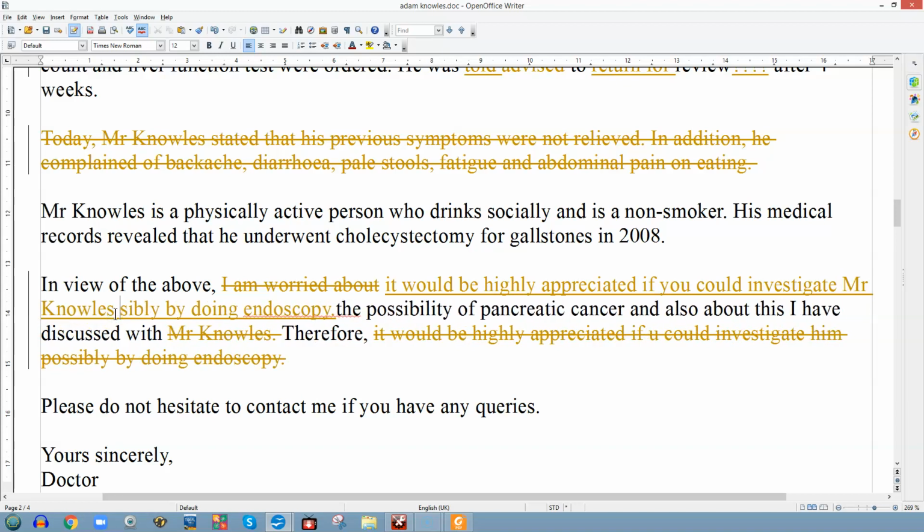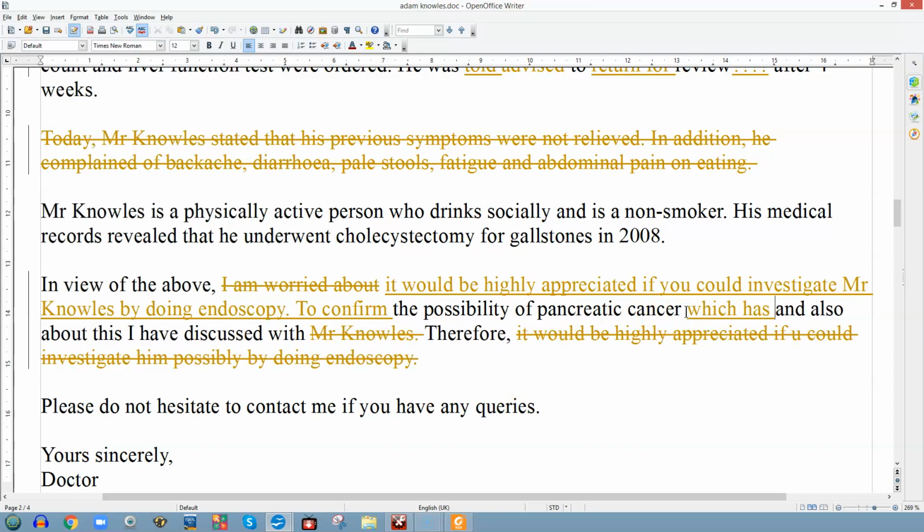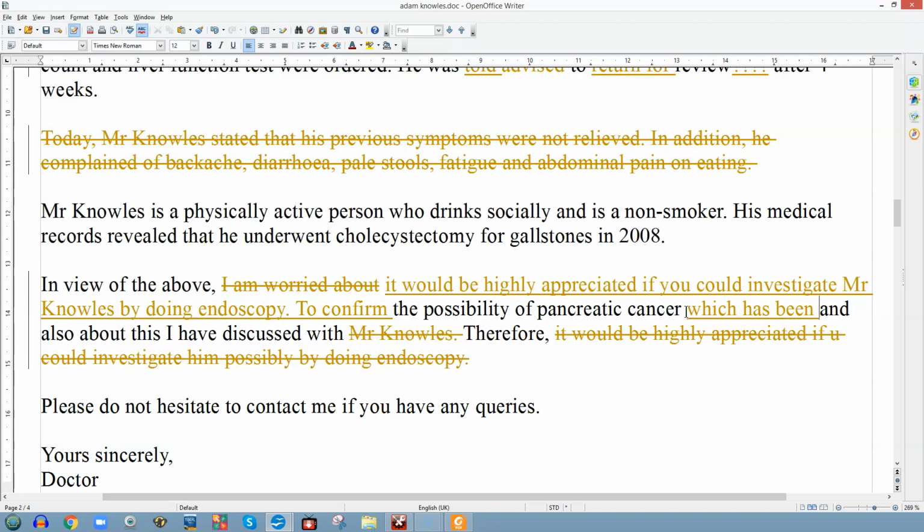Mr. Knowles by endoscopy to confirm the possibility which has been discussed with Mr. Knowles. Okay, this is a bit messy, but you can see, you get the general idea.